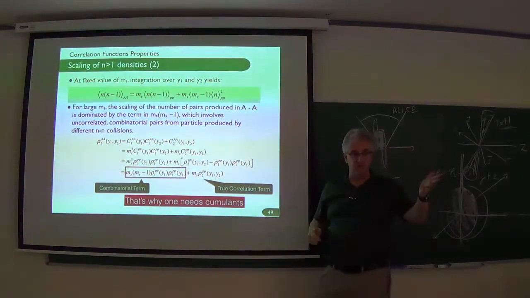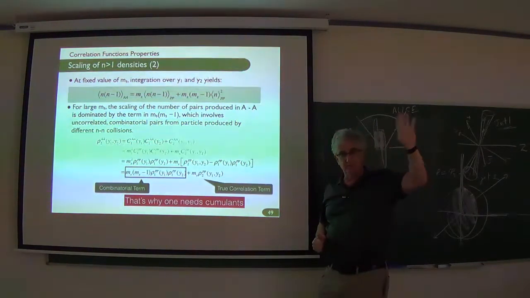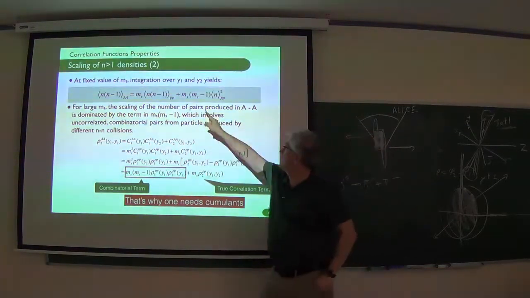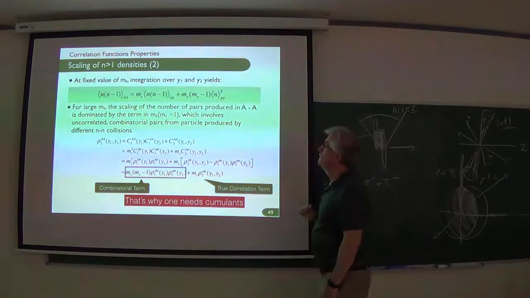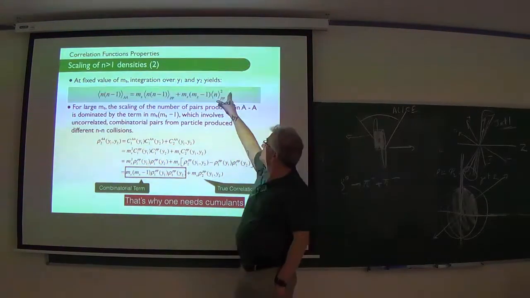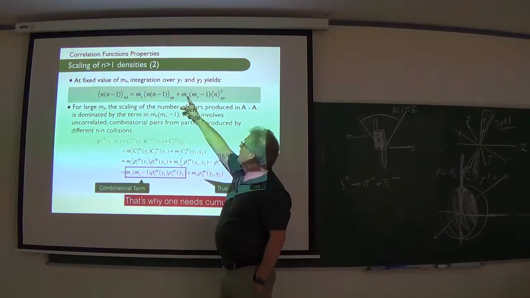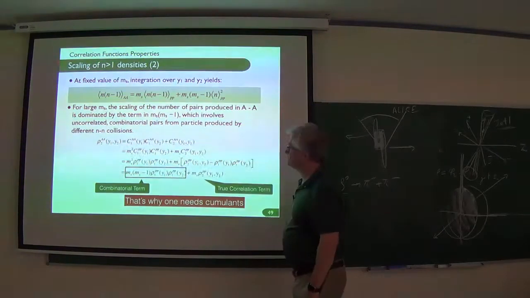Well, I have n sources, so I can combine n sources with n minus 1 sources, so that gives me n times n minus 1 sources. Okay, so that gives me what we call a combinatorial background for the true correlations.